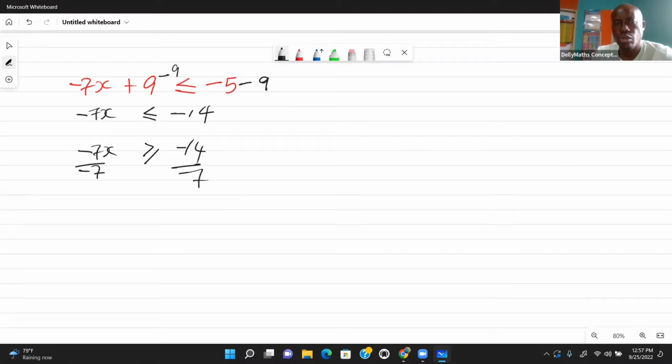You do notice that what we have here was like that, and check how it's set now. So we could see that the sign was actually flipped. So finally, x is greater than or equal to positive 2.